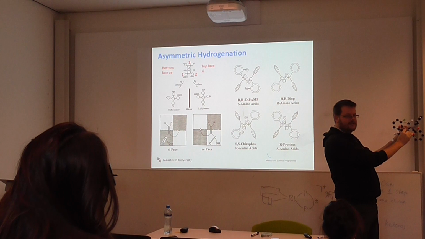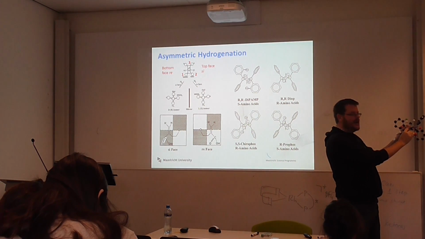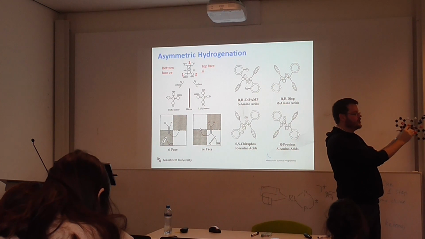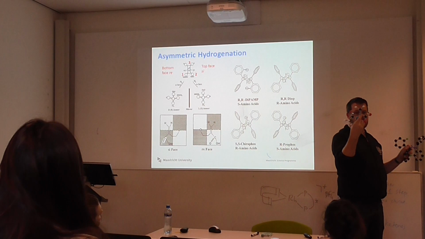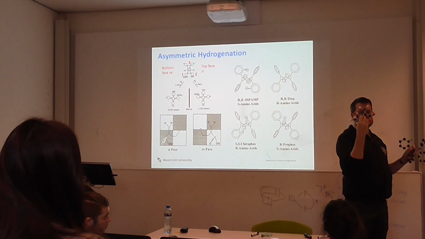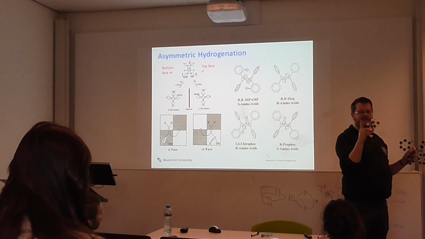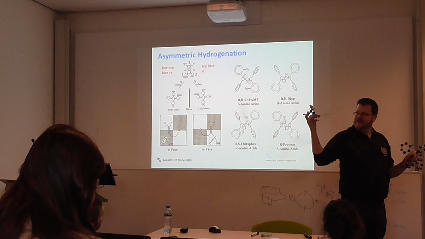H2 activation. So now the hydrogen is going to activate in a concerted fashion, and you're going to get hydrogen transfer, and this carbon atom here is the one that's going to end up being chiral. And so depending on if it goes like this or like this, the H is either going to end up sticking this way or the other way, and you're going to end up affecting the stereochemistry.